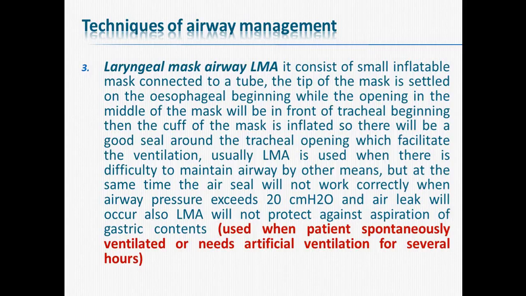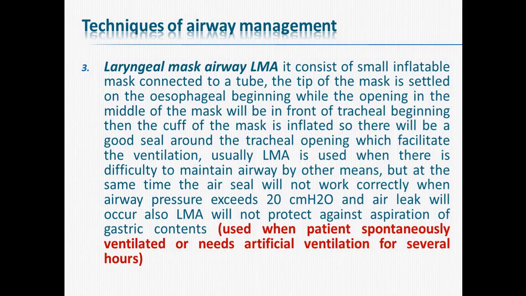which facilitates the ventilation. Usually, the laryngeal mask airway is used when there is difficulty in maintaining the airway by other means. But at the same time, the air seal will not work correctly when airway pressure exceeds 20 centimeter water, and air leak will occur.